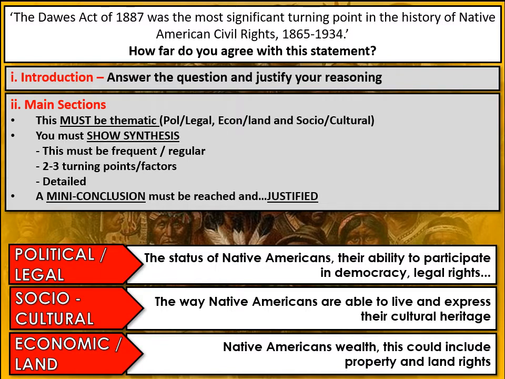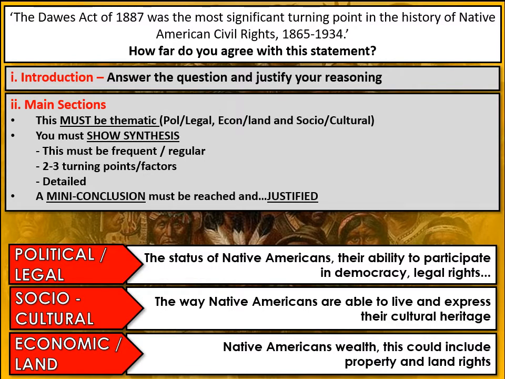That will get you 21 to 25 marks out of 25, an A star. Synthesis means to compare, to bring things together. So you're going to have to mention at least 2 turning points because you need at least 2 things to bring together. You could do more than that, but you don't have to.